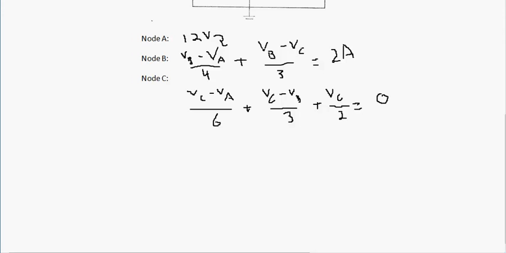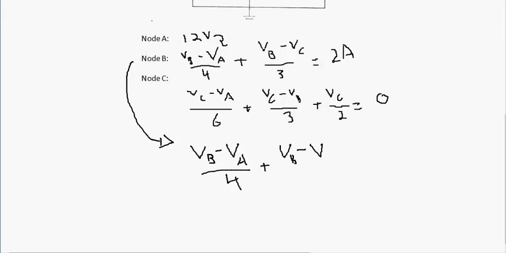So let's solve this. For node B, let's substitute 12 volts for VA. So VB minus 12 over 4 plus VB minus VC over 3 equals 2 amps.